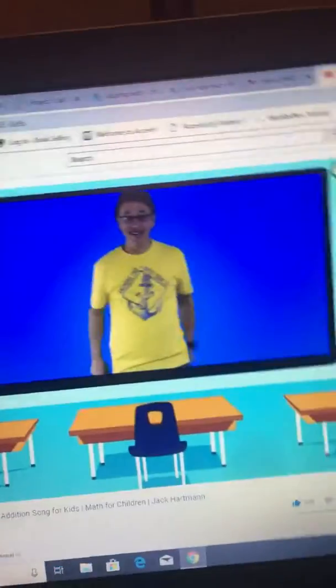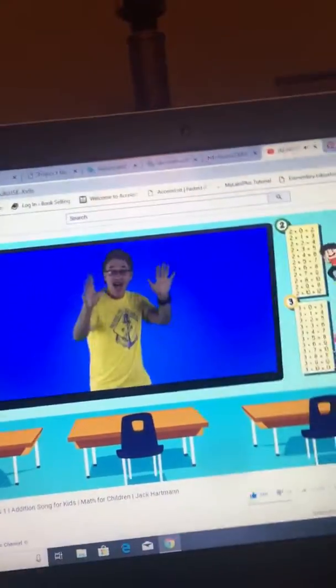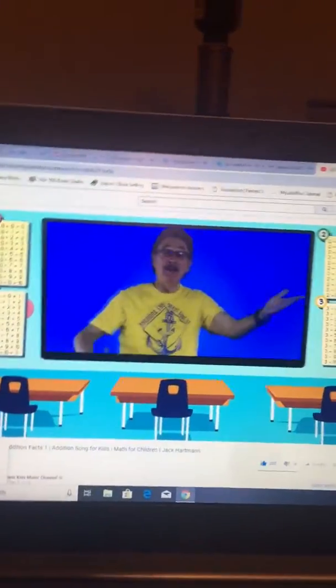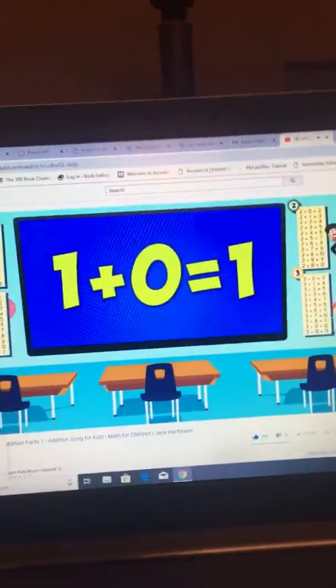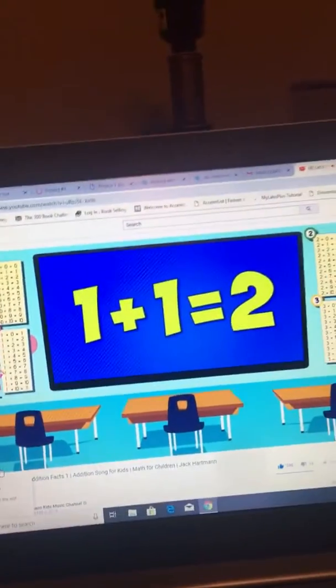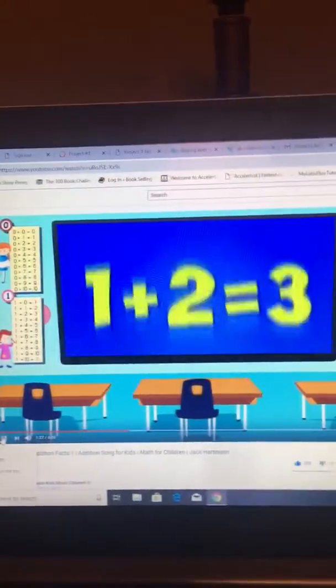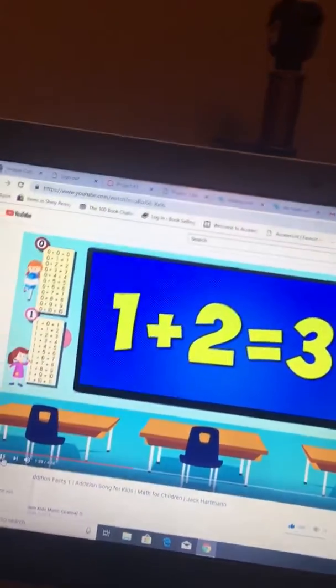Let's learn our addition facts. Sing along and do the best you can. 1 plus 0 is 1. 1 plus 1 is 2. 1 plus 2 is 3.